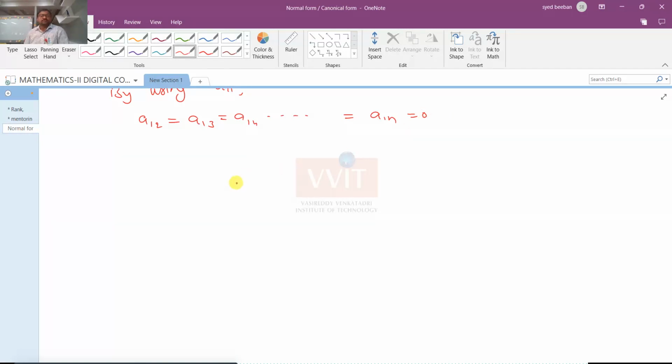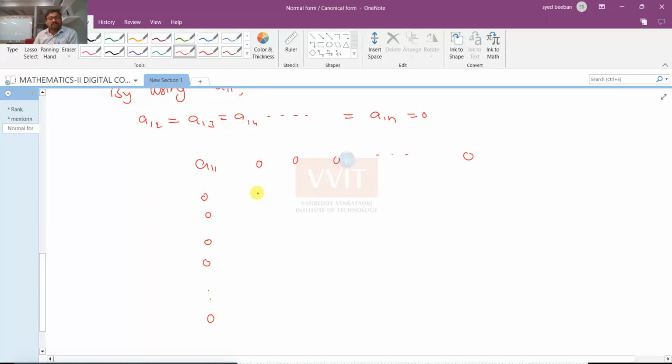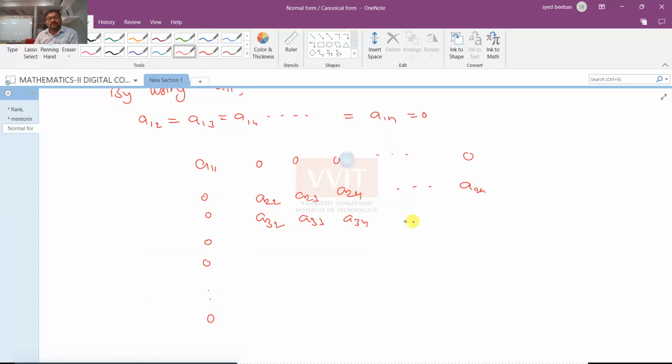At the end of the first two steps, the matrix is A11, 0, 0, 0 and so on in the first row, then 0 and A22, A23, A24 and so on up to A2n, then A32, A33, A34 up to A3n, A42, A43, A44 up to A4n, and so on until AN2, AN3, AN4 up to ANN.